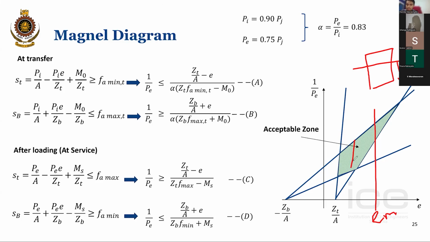So your actual acceptable zone is then limited to this particular region. So you have to pick one value, select an appropriate e value and an appropriate 1 over P value. That is the second stage of the design.